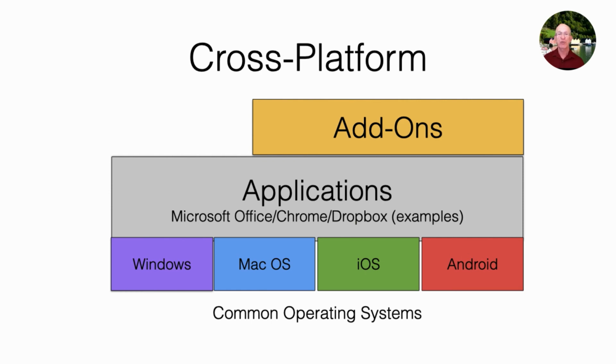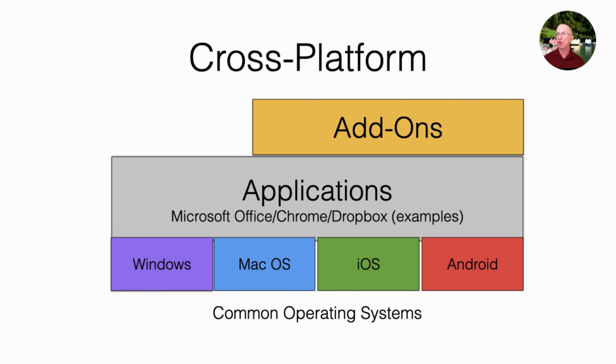Applications will work on either one or multiple platforms. And if they work on multiple platforms, they're called cross-platform software. So I'm a Mac user, but I also have a Windows 10 operating system as well. But I can use Microsoft Office 365.